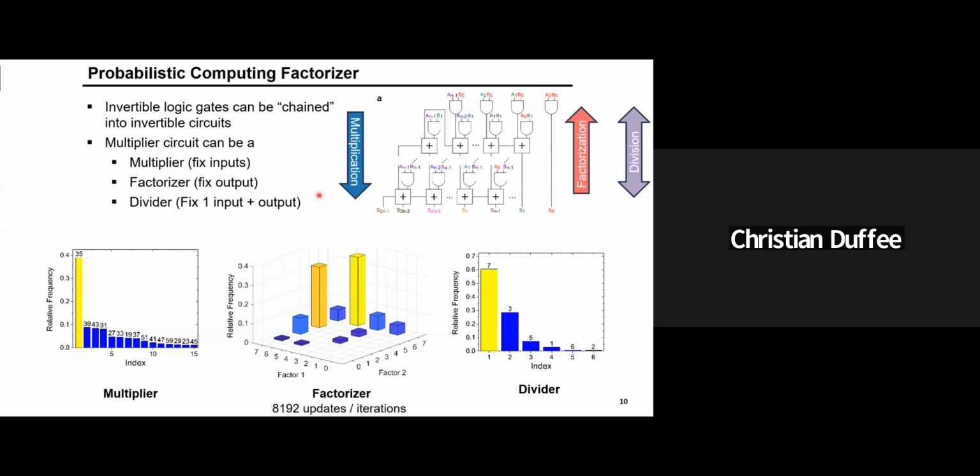But it can also act as a factorizer if we clamp the output to a number we want to factor. And there is a related version where you clamp one of the inputs and the output, and it acts as a divider. And here are the probability distributions of all 3 modes for a small problem.